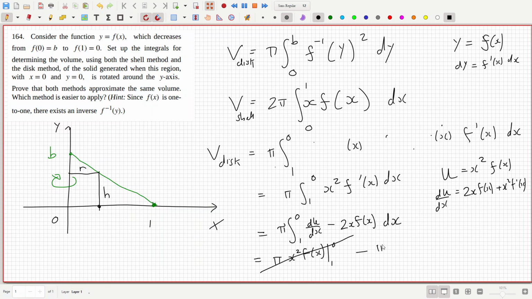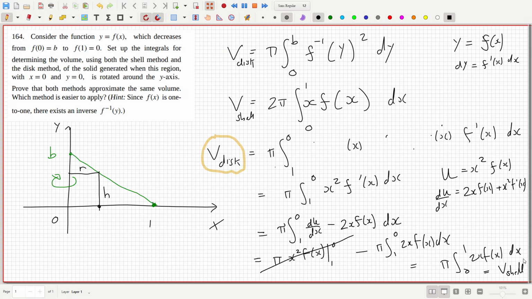Minus pi, 1 to 0, 2x f of x dx, and then the minus applied to the integral switches the limits, and we get pi, 0 to 1, 2x f of x dx, which is the volume using the shell method. So I was able to start at the volume of the disk method and arrive at the volume using the shell method.